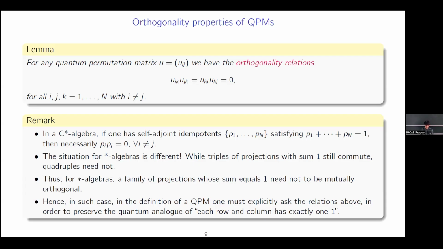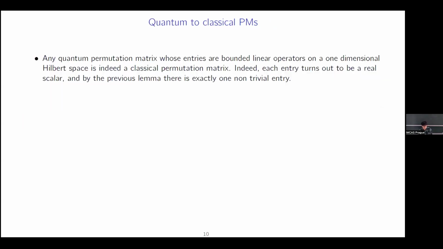Okay, so let us see how we can link quantum permutation matrices to classical permutation matrices. Under which condition, in particular, starting from a quantum permutation matrix, we can recover a classical permutation matrix. In particular, any quantum permutation matrix whose entries are bounded linear operators on a one-dimensional Hilbert space is indeed a classical permutation matrix.